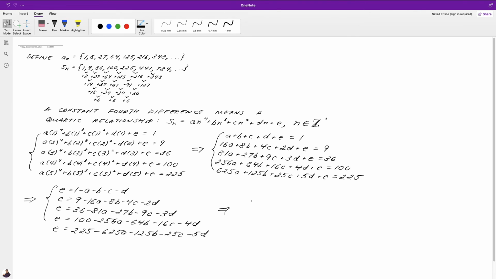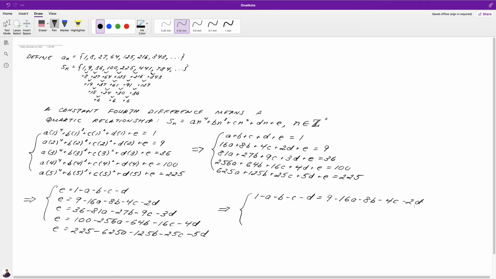We can set the top e equation equal to the second e equation, and that's going to give us the following: 1 minus a minus b minus c minus d is equal to 9 minus 16a minus 8b minus 4c minus 2d.